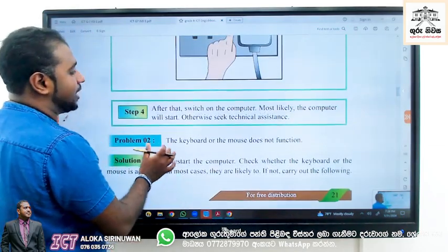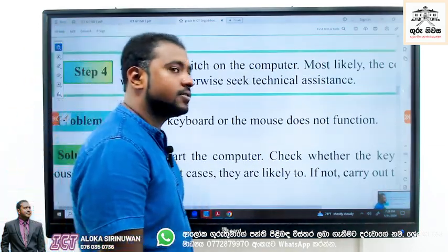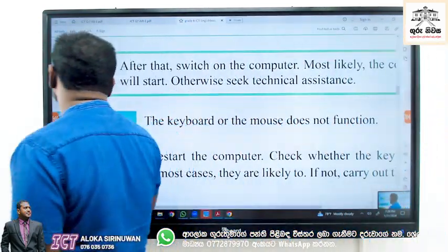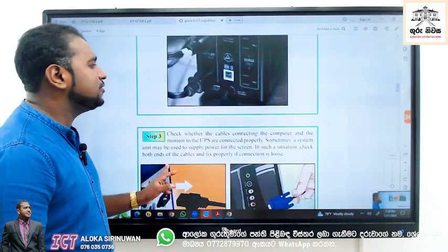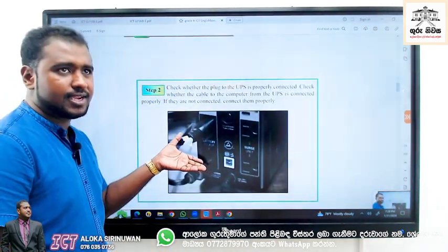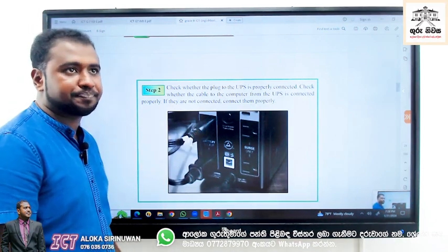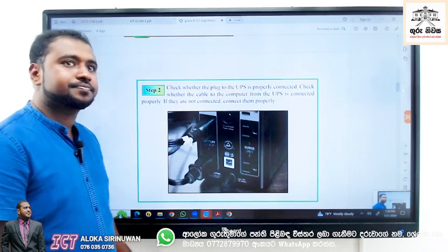If not, you have to seek technical assistance. Okay, the same thing, Pute, but a little part is added in the first solution. What is that? In the first solution you have a UPS, but in the second solution you do not have a UPS. That's only it, right? Okay, are you clear, everyone?